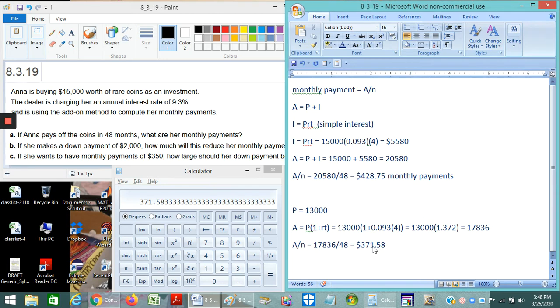Now, the question though said, how much will this reduce her monthly payments?